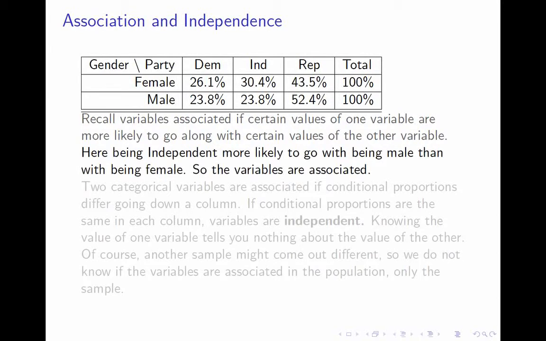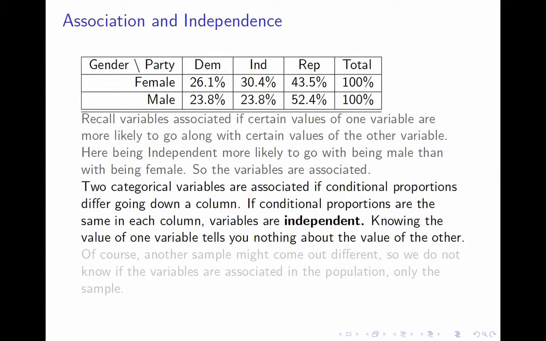So, as we said, except the sentence is backwards, right? Being independent is more likely for a woman than for a man, so the variables are associated. Okay? What we're basically looking at in general is you look in each column, and if there's a difference in any column, they're associated.